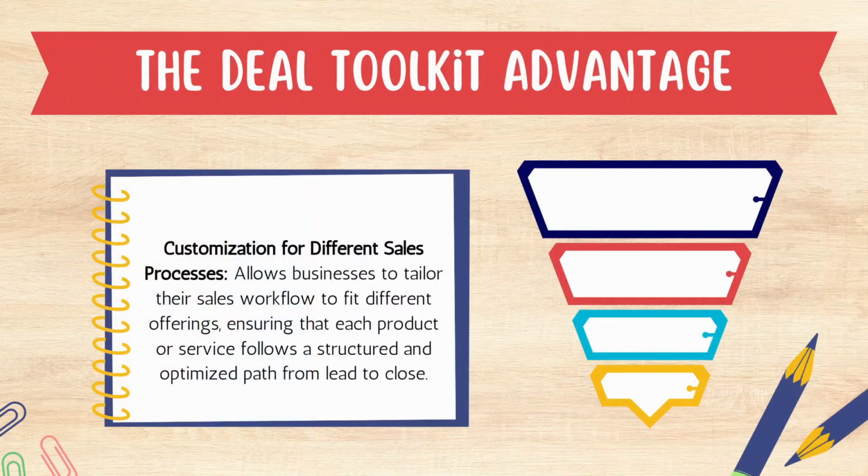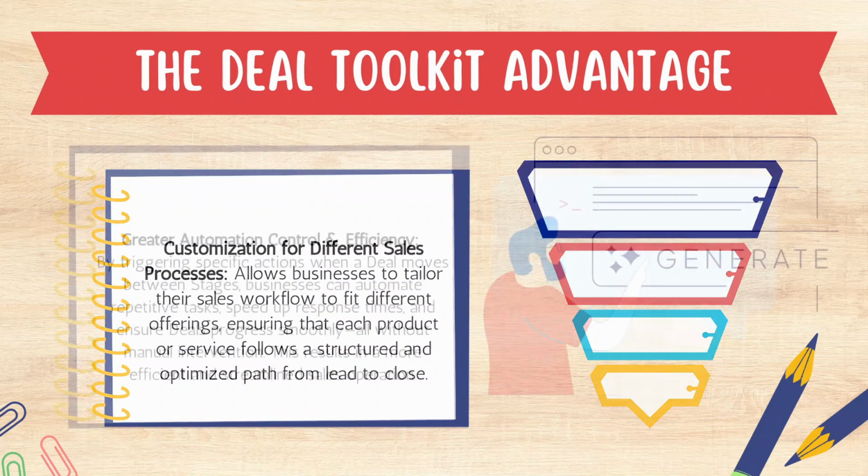The first key advantage of multi-deal stage pipelines is customization for different sales processes. It allows businesses to tailor their sales workflow to fit different offerings, ensuring that each product or service follows a structured and optimized path from lead to close.